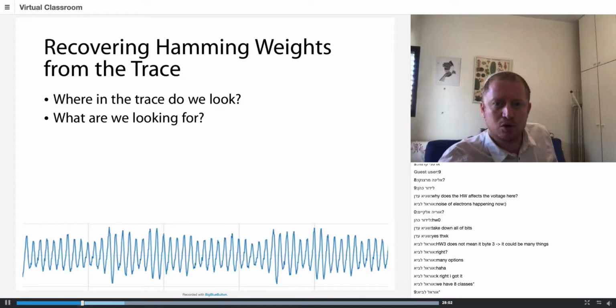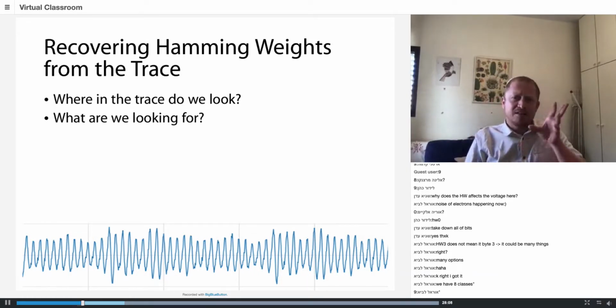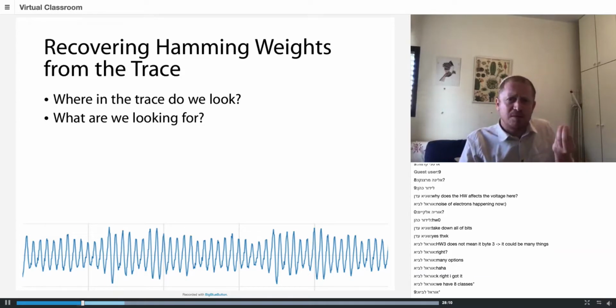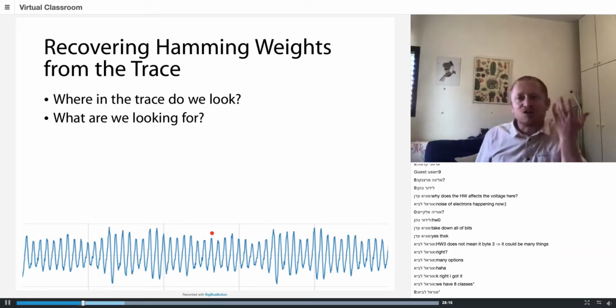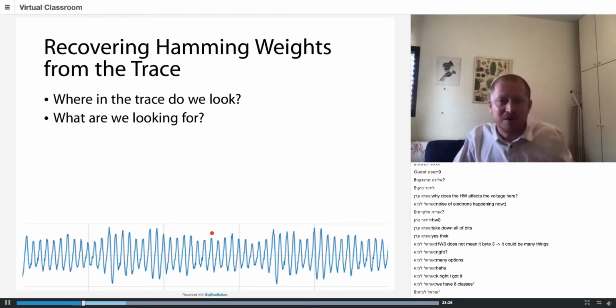The two challenges here that you have to deal with: the first question is where. This trace could be millions of points. Where is this microsecond where the XOR is happening, where the add round key is happening, where the shift rows is happening, and so on.